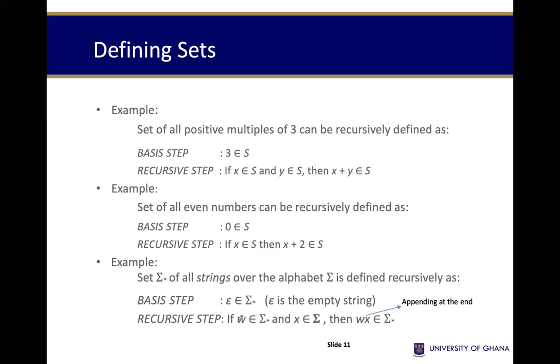So if W is an element of sigma star, the set of all strings, and X is a letter from the alphabet set sigma, then WX will be an element of sigma star, the set of all strings. So basically that's it. At the end, the basis step is empty. When we start putting values from the alphabet set into it, then it starts gaining weight.